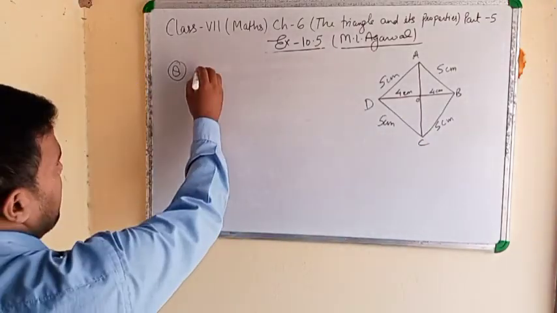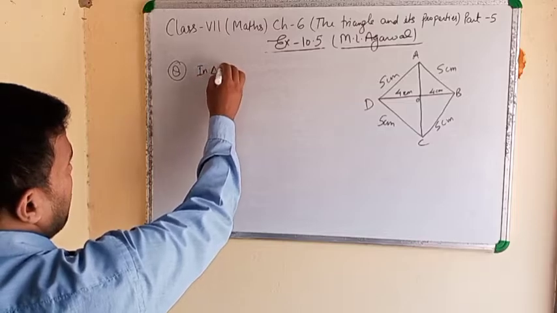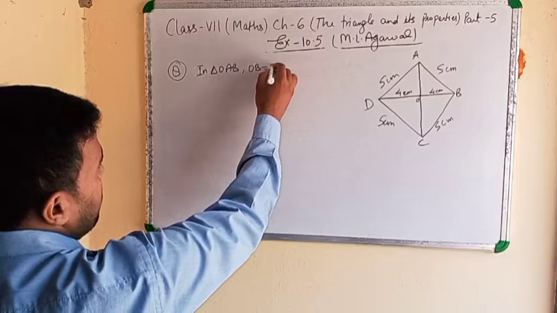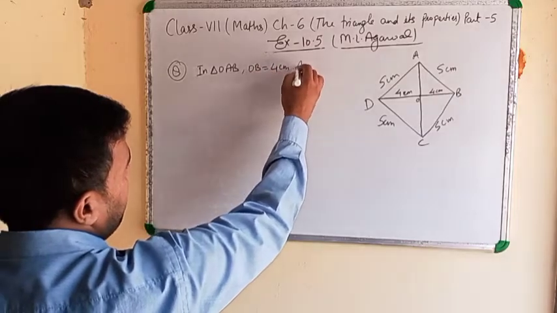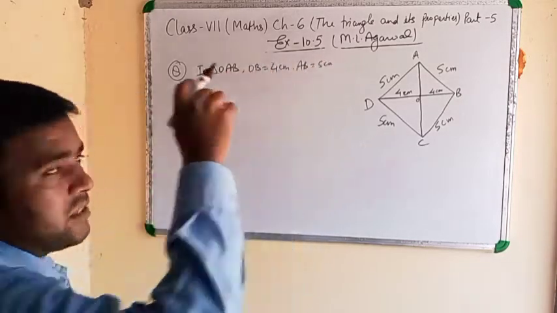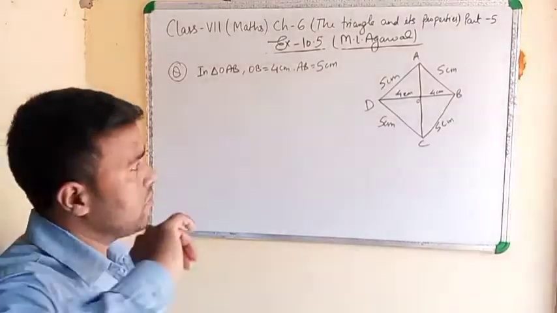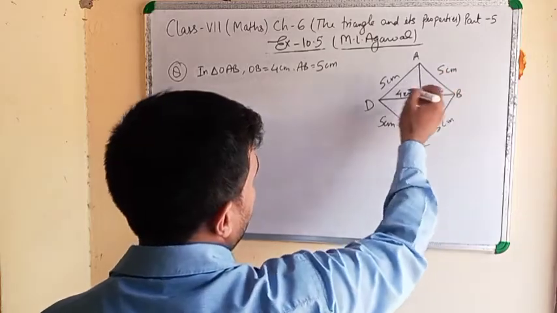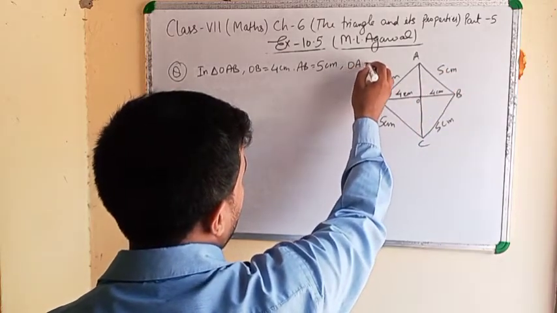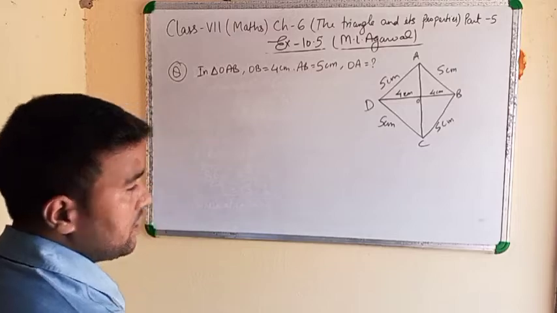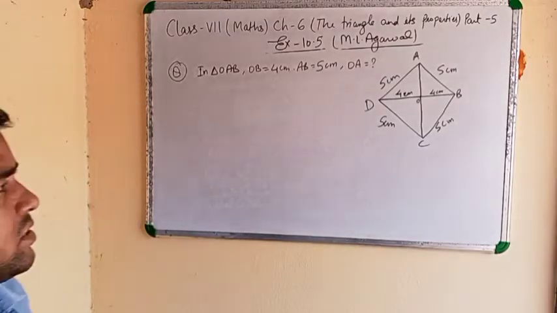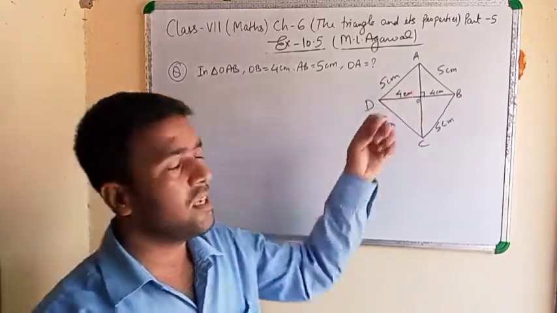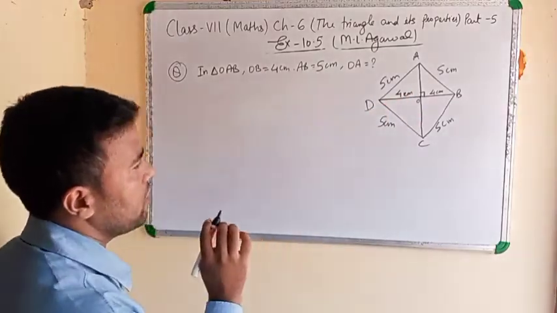Clear? We are taking triangle OAB. OB equal to 4, AB equal to 5 centimeter. OA is asked. OA is a 90 degree angle. We know that opposite the 90 degree angle is the hypotenuse, which is given.